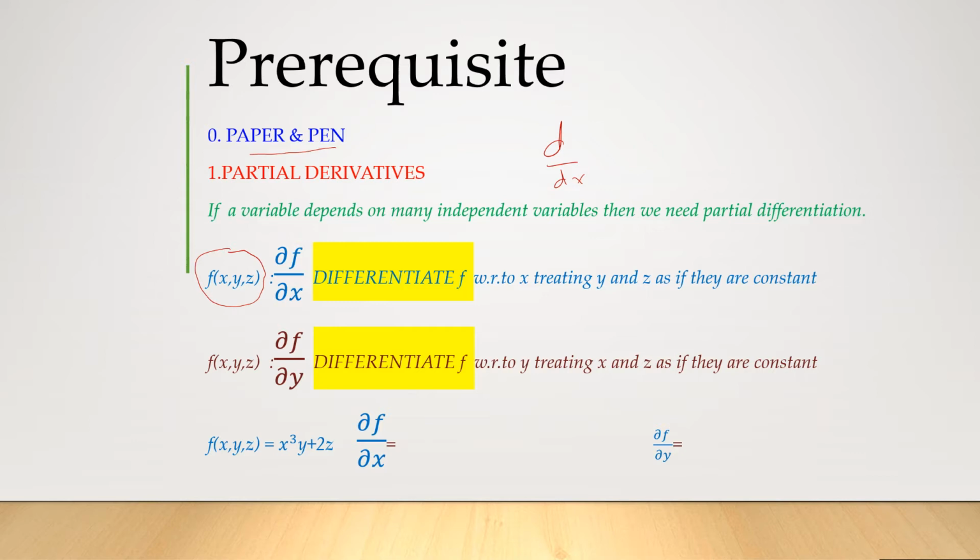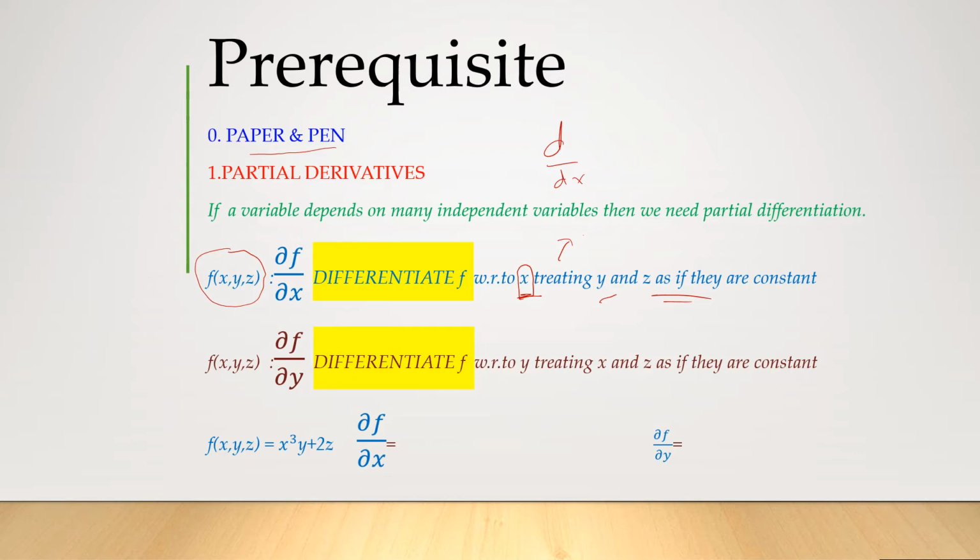Dou f by dou x means differentiate f with respect to x, treating y and z as if they are constant. They are variable really, but while differentiating, you keep in mind that you have to differentiate with respect to x, means you treat x as the only variable and keep y and z as constant.